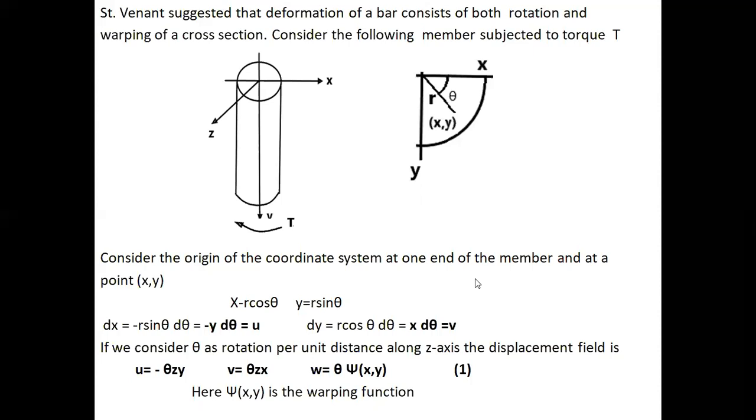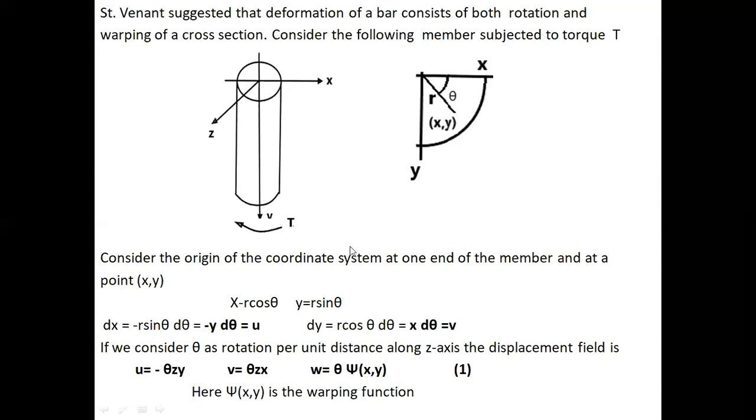Now, if we consider that the rotation of the member, given by theta, is per unit distance along the z-axis. Here, there is a small mistake. The vertical direction is the z, and this is y.